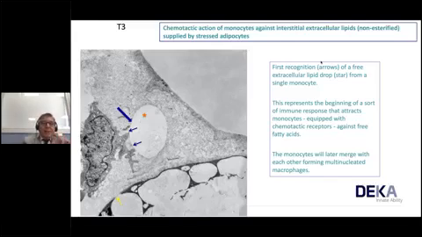And thanks to this, we have the beginning of an immune response that attracts monocytes, equipped with the chemotactic receptors against free fatty acid. The monocytes will later merge with each other, forming multinucleated macrophages.